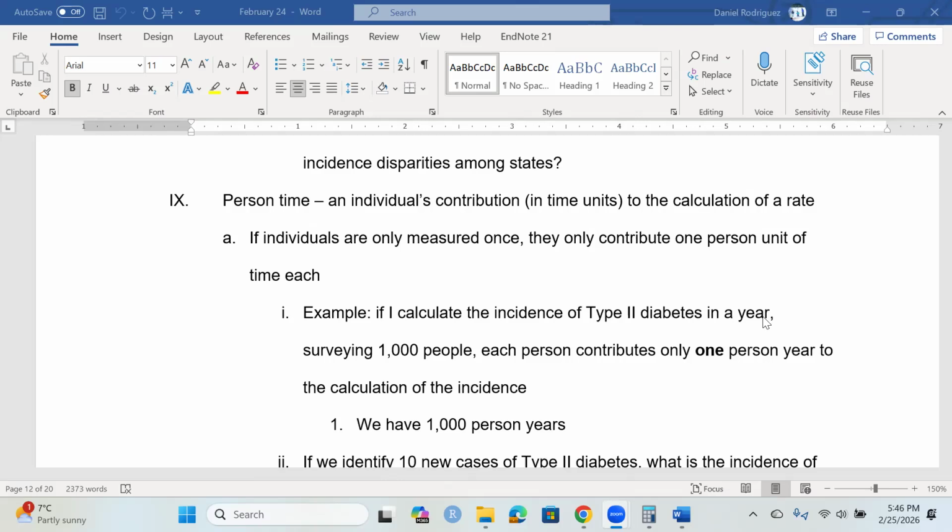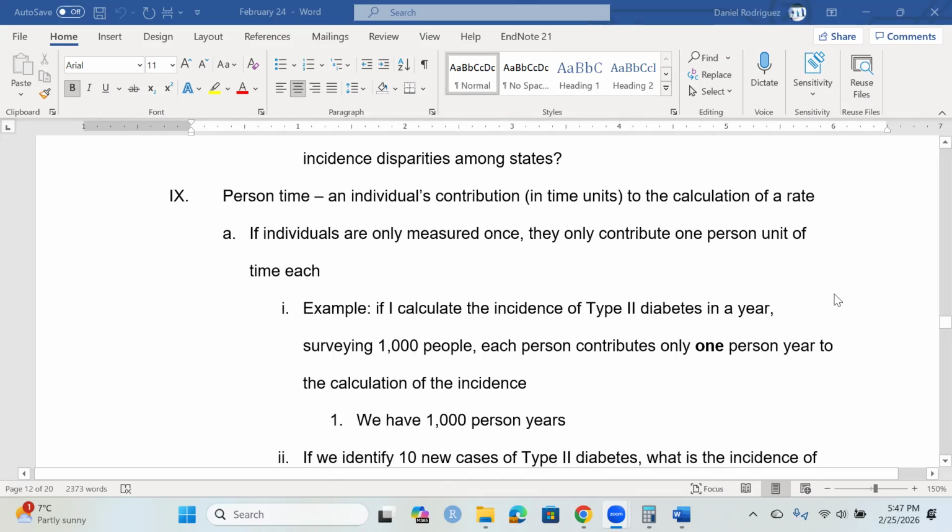So generally I get an overinflation of the incidence. To counter that, we account for the number of time points the individual was seen or visited the clinic or whatever, or measured. And we do this using something known as person time.